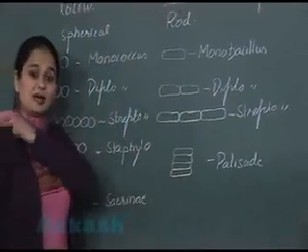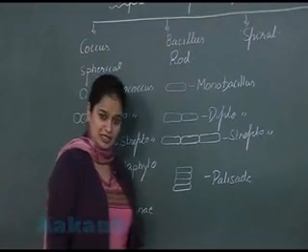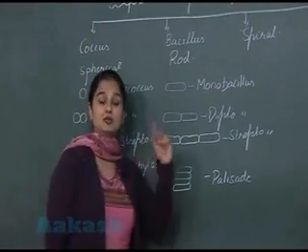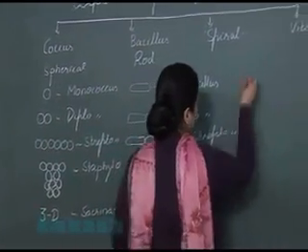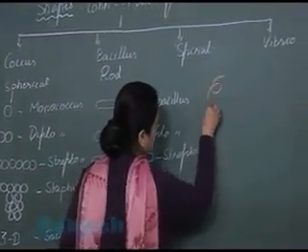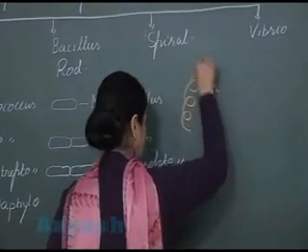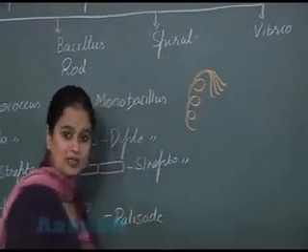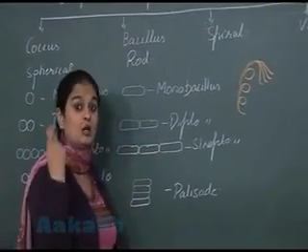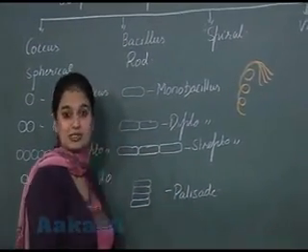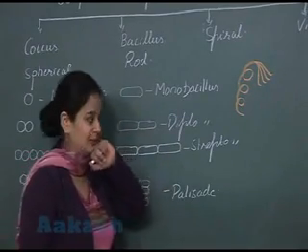Now coming to the spiral one. These bacteria are elongated and twisted, always with flagella. Flagella is a locomotory structure present in bacteria which helps in the movement of bacteria.